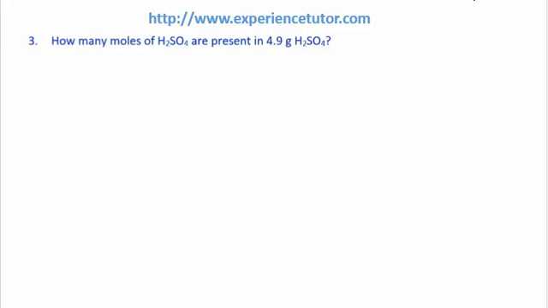Our next question is how many moles of H2SO4 are present in 4.9 grams of H2SO4? For that, we need to find out the gram molecular weight of H2SO4. So we know that gram molecular weight of H2SO4 after calculating we get it as 98 gram.